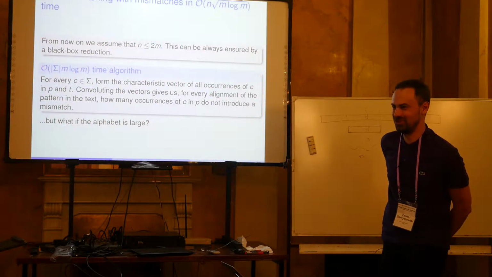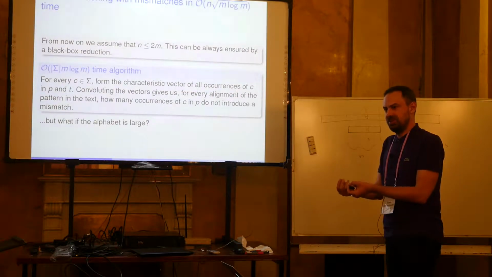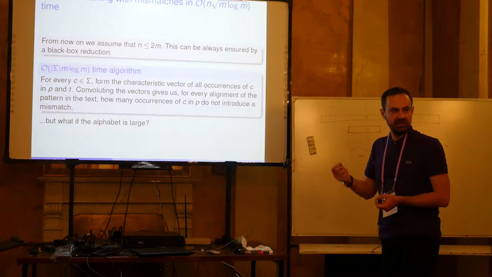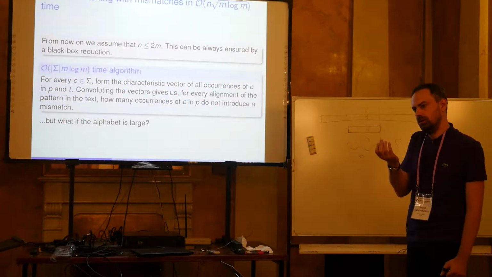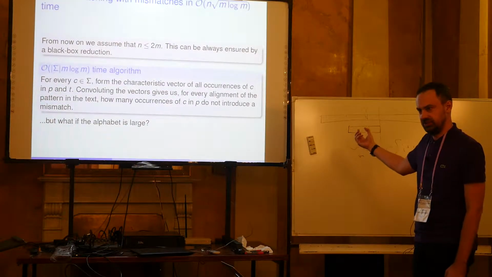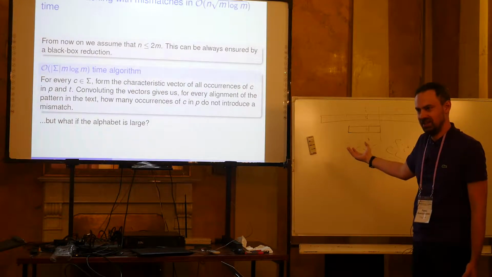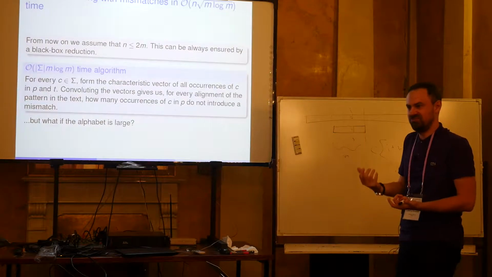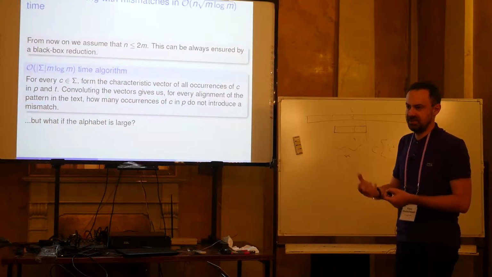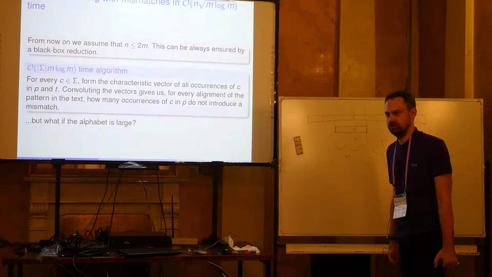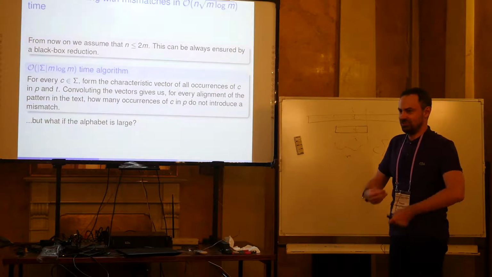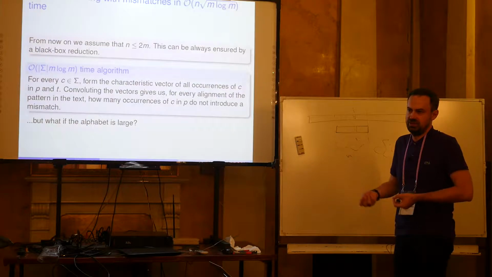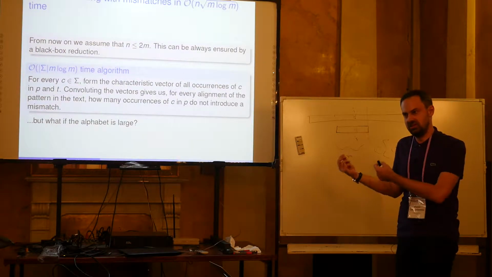You will get something if you put the binary encoding of the characters in, but then the result that you get doesn't count mismatches. It counts something. For exact matches, you would get the same answer, but you will get some noise there. It will only capture the exact matches, but nothing more.